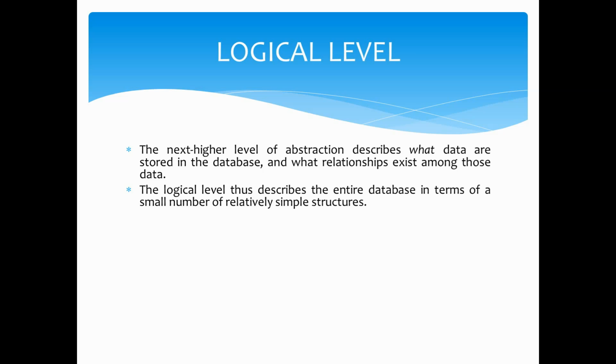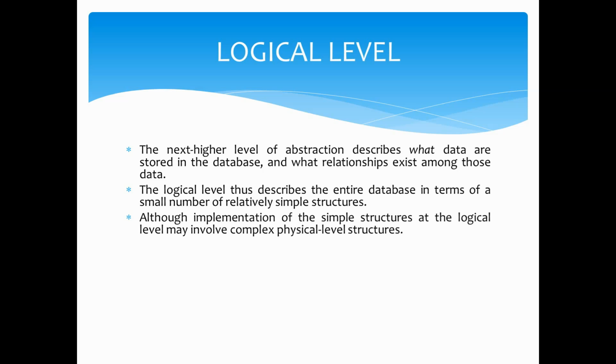How many columns have to be substituted? What are the different data types that have to be given to the attributes that are kept in the particular table? So all these are described in this particular logical level.